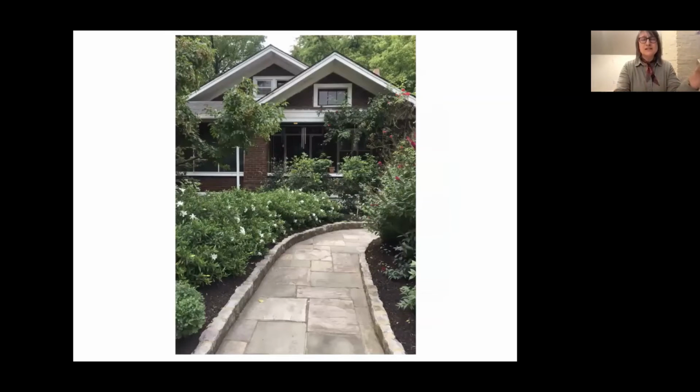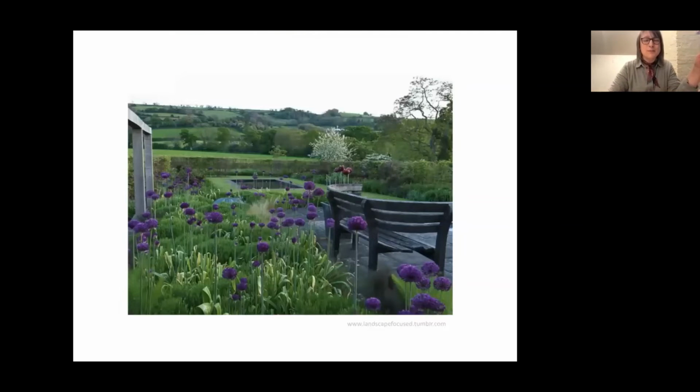And this is a little simpler, and this is even simpler. But even though this is a simple design, we have some alliums in there, and I don't know what other plants are in there, but there's probably still quite a few plants in here. But visually, it looks unified, and because we're massing them, it pulls it all together.